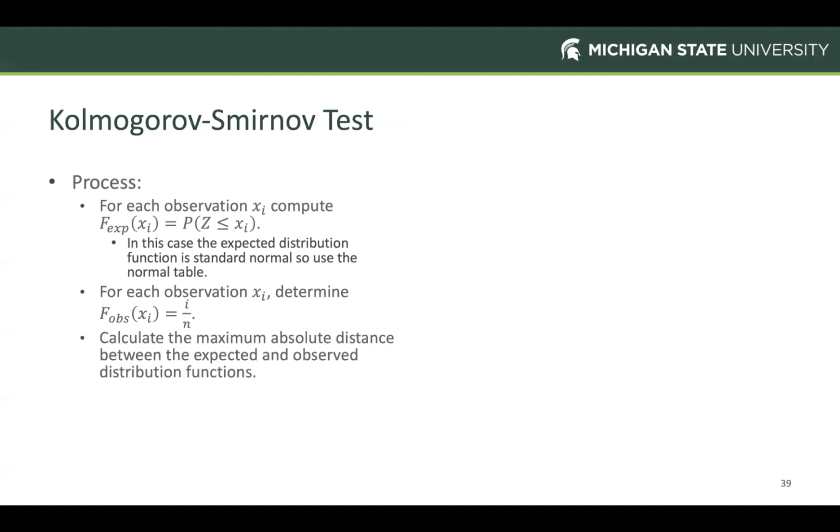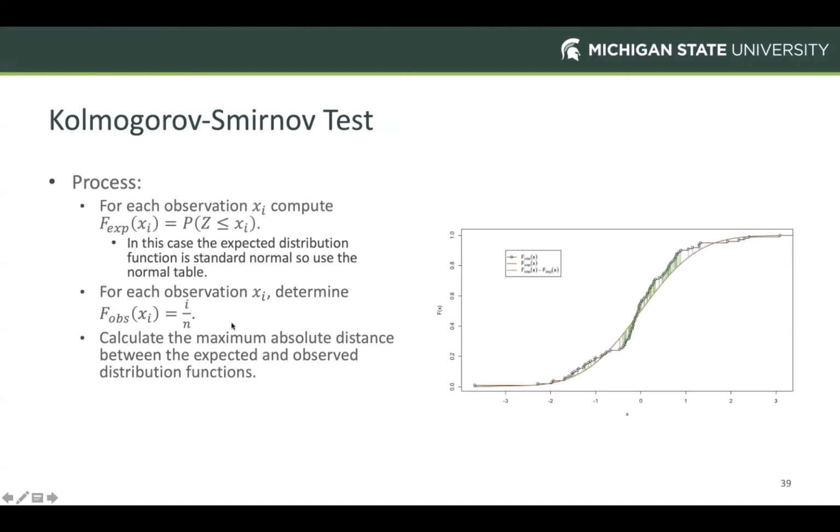Then we calculate the maximum absolute difference between those expected and observed distribution functions. That's illustrated graphically right here.